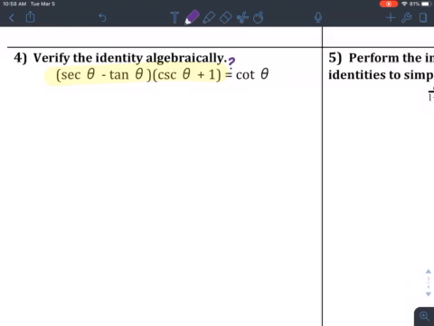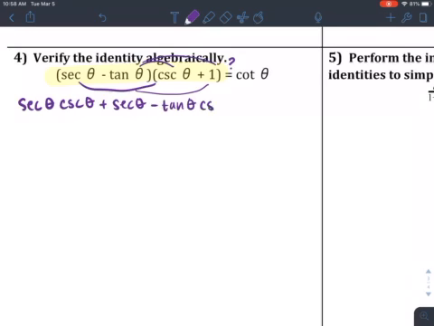Okay, so this looks like two binomials. So I'm going to FOIL this. I'm just going to multiply it out. So I get the secant of theta times the cosecant of theta plus secant theta, and then we'll do these, minus tangent theta cosecant theta minus tangent theta, and we're hoping that equals cotangent theta in the end. Okay, one side at a time.